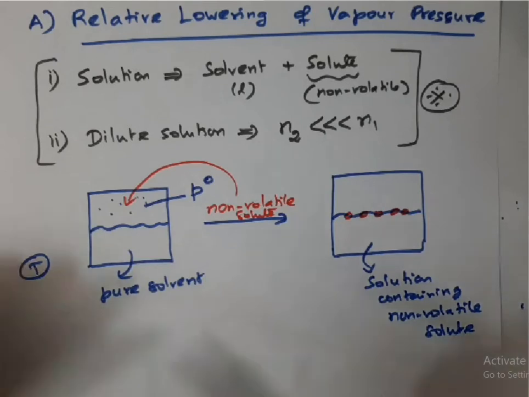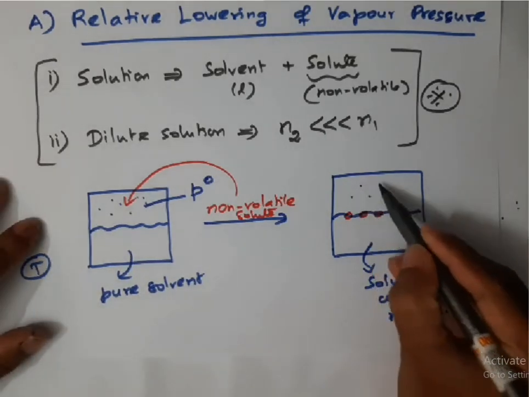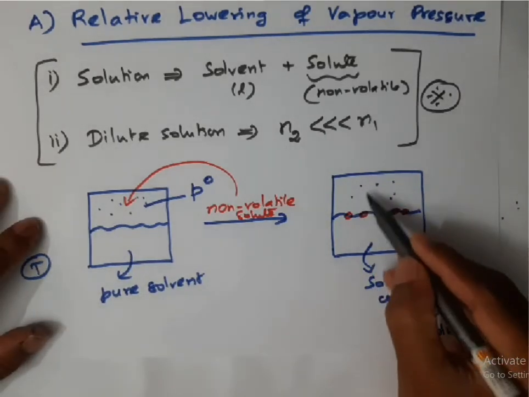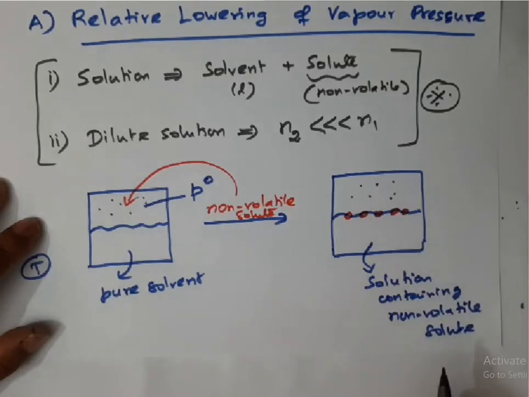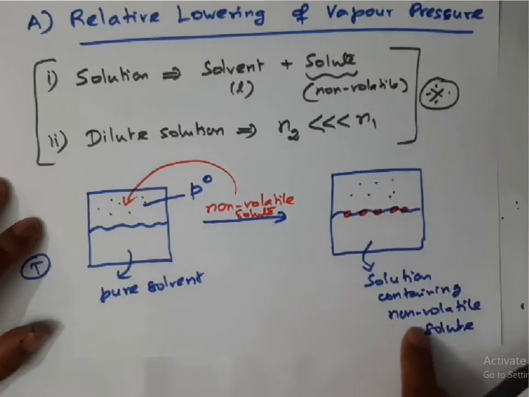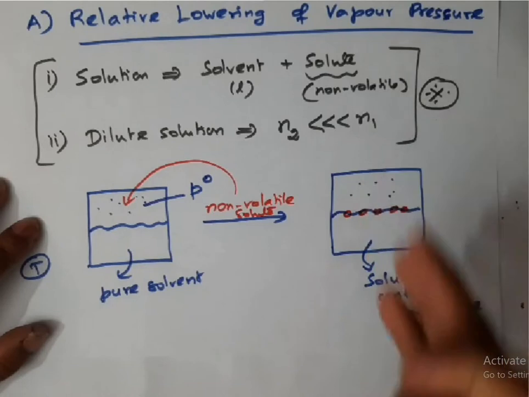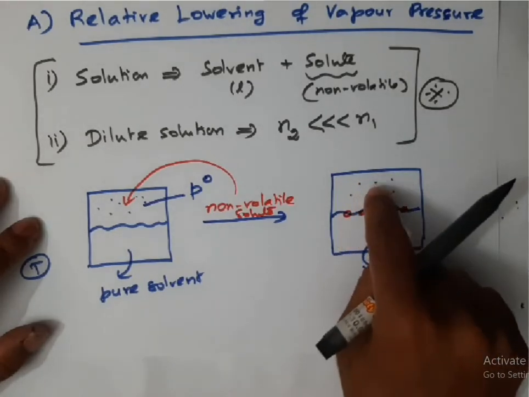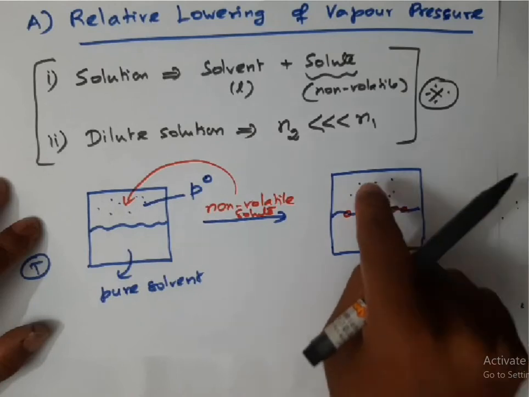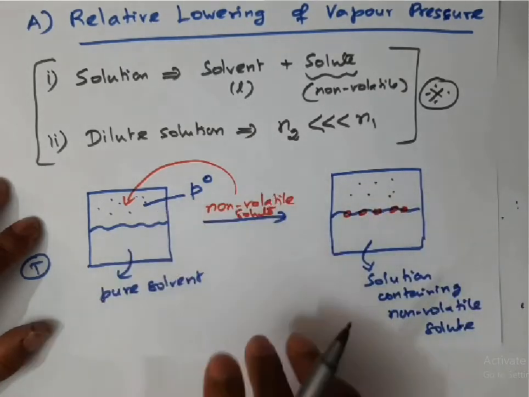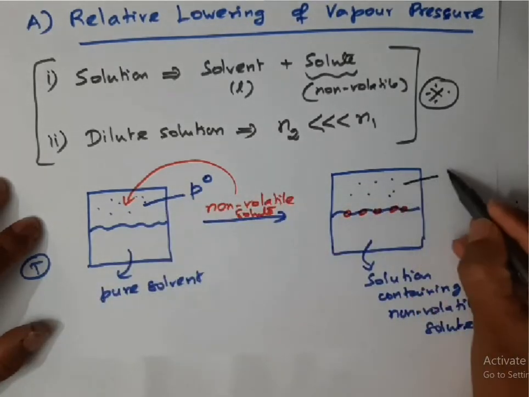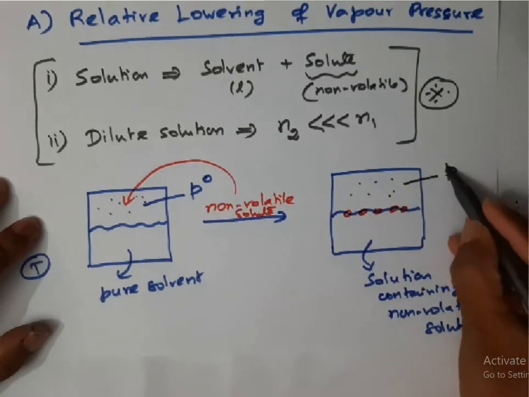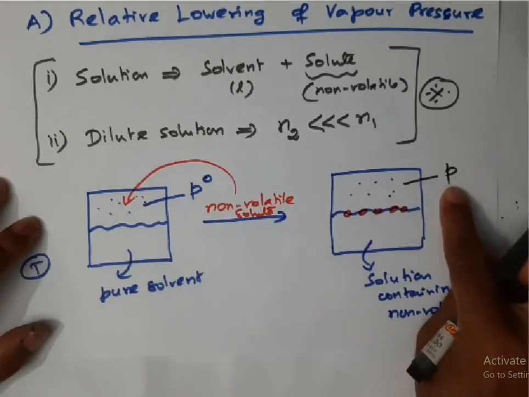So here also, keep this in mind, student. Here also, only solvent molecules will go to the vapor state, because your solute is non-volatile. But the number of solvent molecules occupying this phase is less compared to this. Therefore, let me call this the vapor pressure of solution. If I put simply P, it is the vapor pressure of solution.